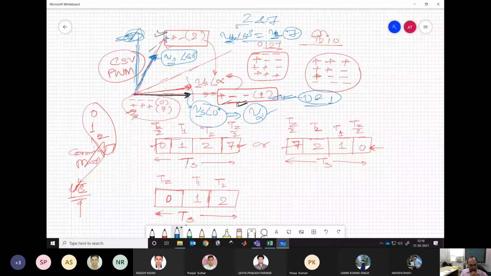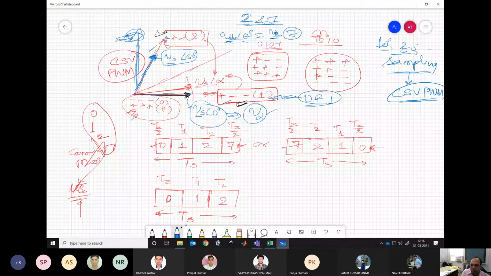Getting my point? Whatever sampling rules we were learning in the last class were for conventional space vector PWM. Now we are trying to go beyond that. We need not have sampling at 10 degree, 30 degree, 50 degree and so on. That is only when we are going for conventional space vector PWM. Now we are free to choose what sampling we want, what sequence we want.